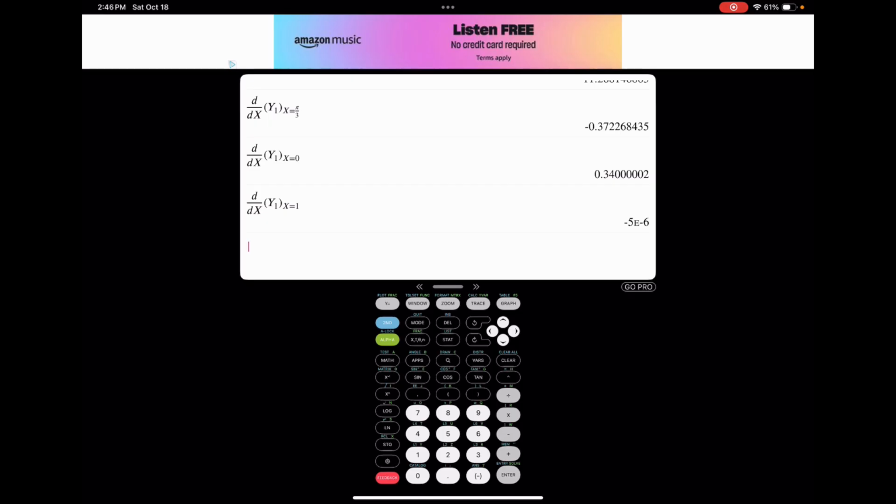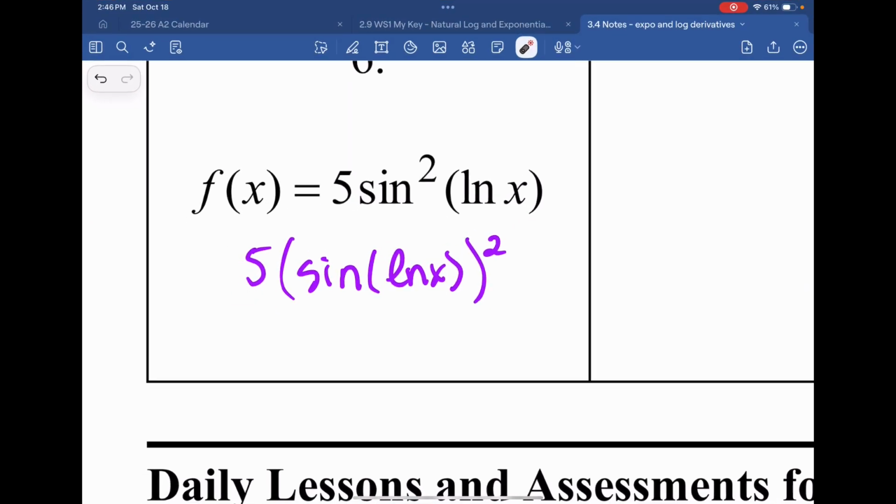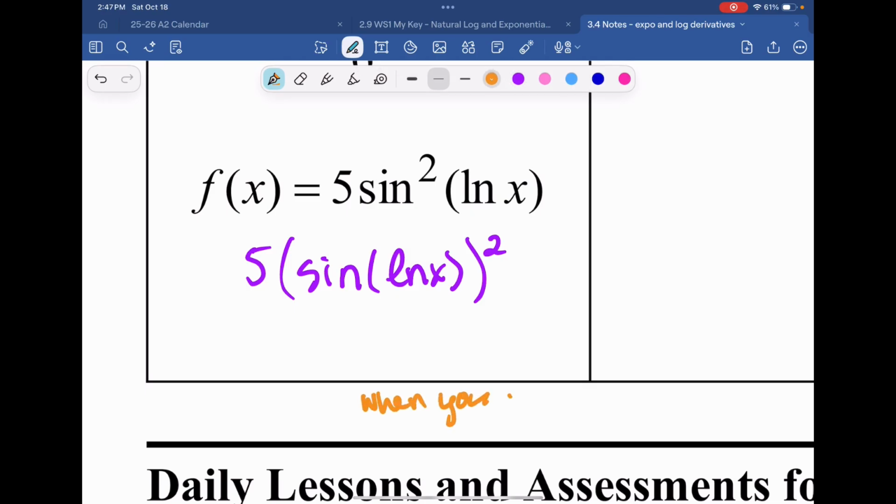Math 8, d/dx, alpha trace y1. Yeah, I get the same thing on mine. You get the weird e thing. So when you get the weird e thing, that means 0.